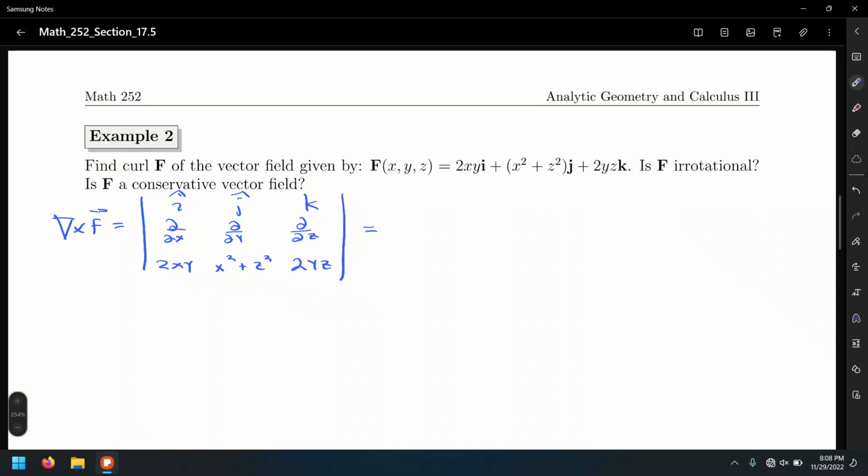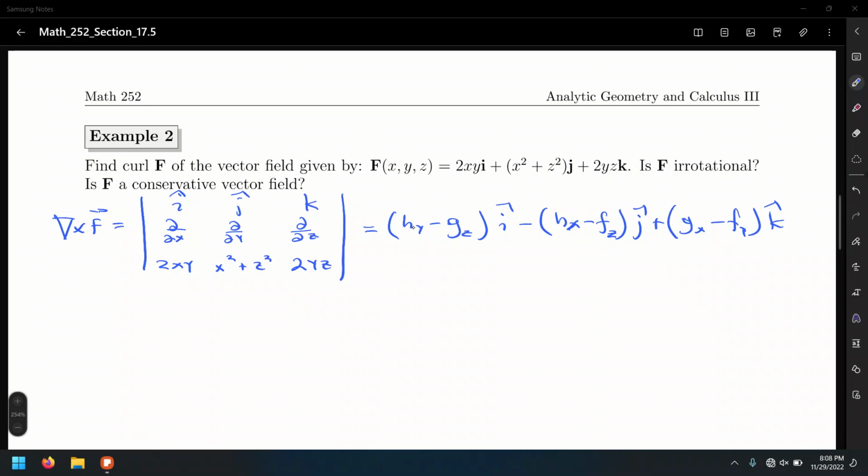So in this case, let me write it down over here. That's h sub y minus g sub z in the direction of i, minus h sub x minus f sub z in the direction of j, plus g sub x minus f sub y in the direction of k.